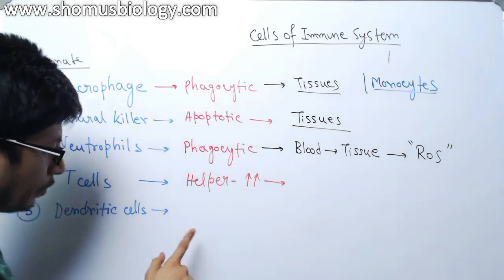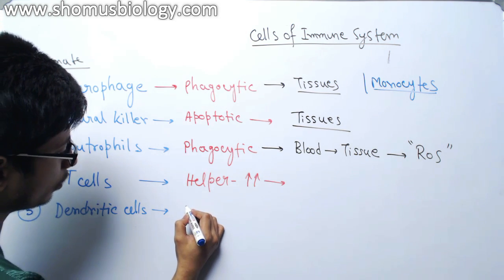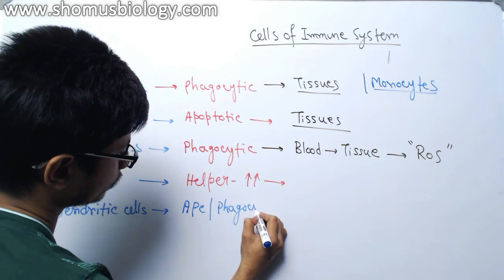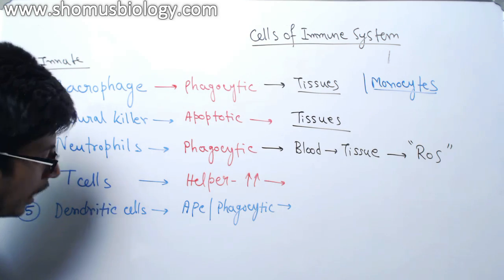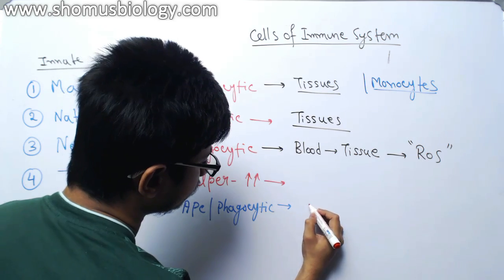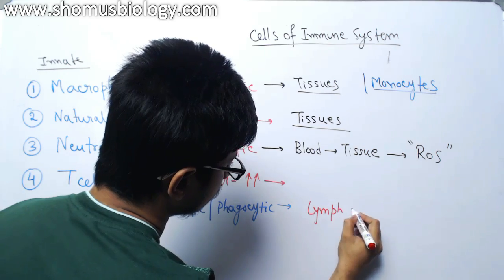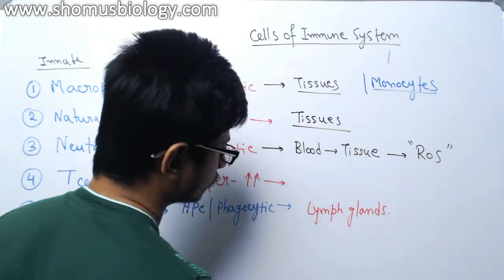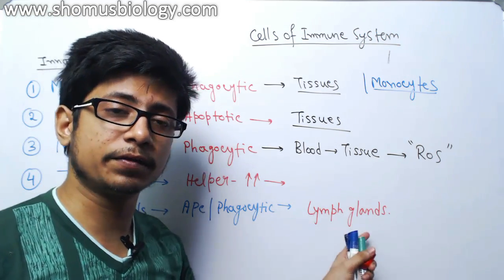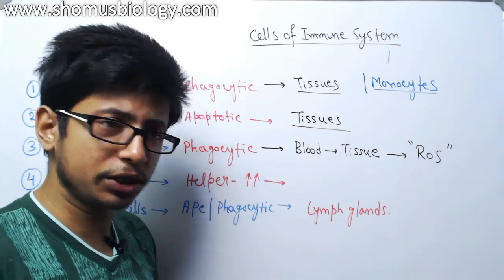Now if we talk more about the dendritic cells, they are APCs, and they are also phagocytic cells. But this dendritic cell is usually present in our lymph glands, and also they are present in different layers of tissues, for example the skin, lungs, and gastrointestinal tissue in different places.